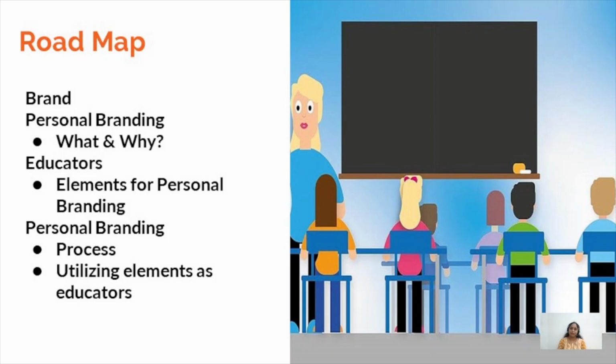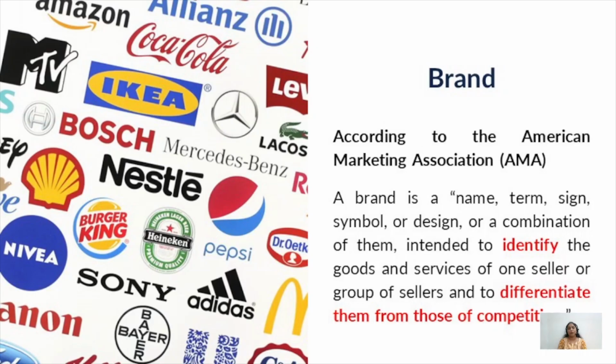So now let us go ahead by understanding the most important aspect of this session, that is brand and personal brand. When we talk about brand, if we carefully look at this slide, all the logos that are available on this slide, I'm very sure that you are aware of most of the products, goods or services. If I ask you why, the answer is very simple. They are all very prominent and famous brands, right?